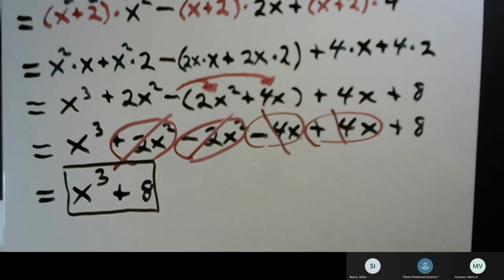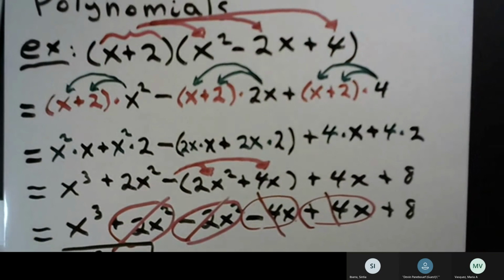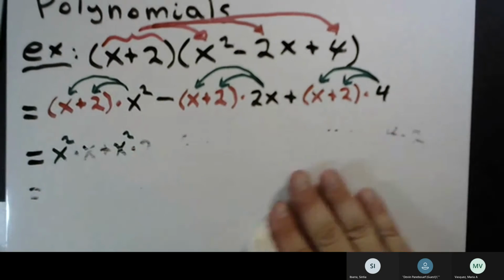Now, there's another way of doing this. It's called the column method. So I'm going to go through that and show you what this other method is, and you decide if you prefer it.